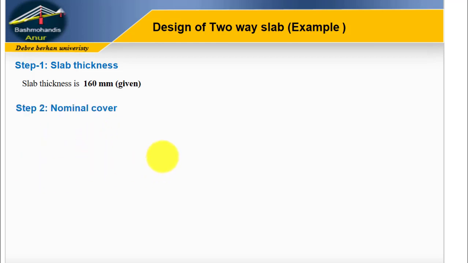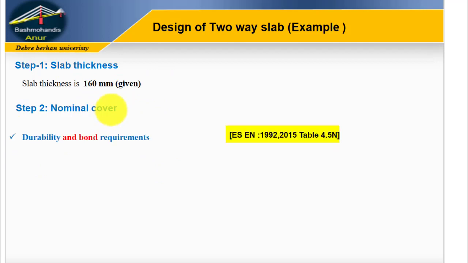Okay? Step 2 is calculation of nominal cover. Nominal cover that satisfies durability and bond requirement can be calculated by referring to Ethiopian Standard Eurocode 1992 table 4.5.